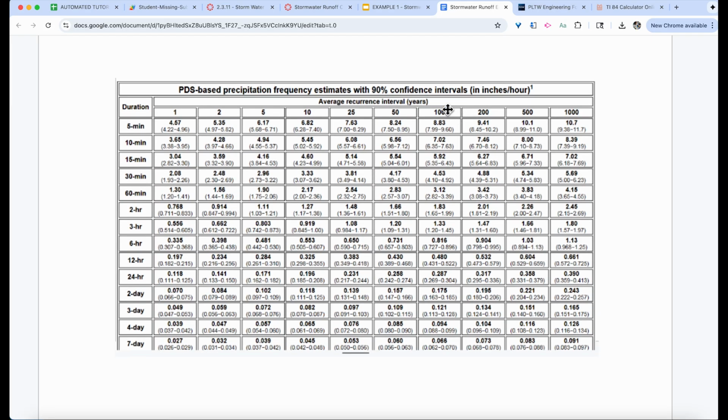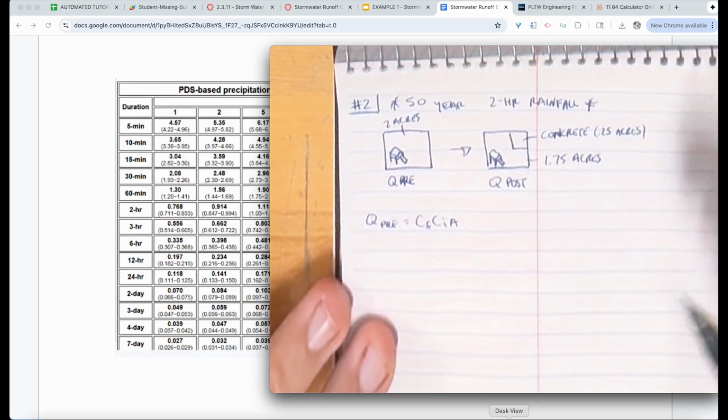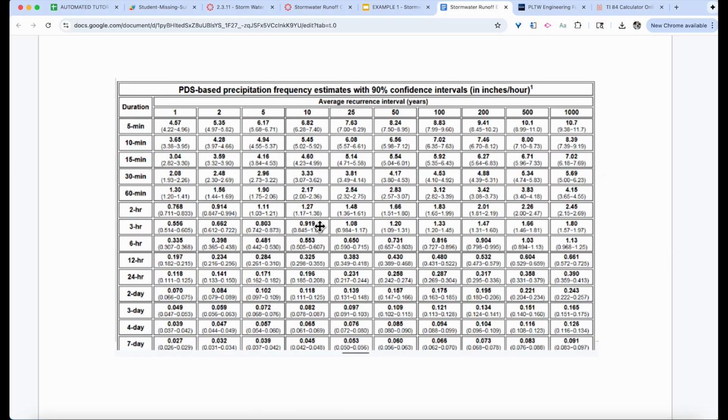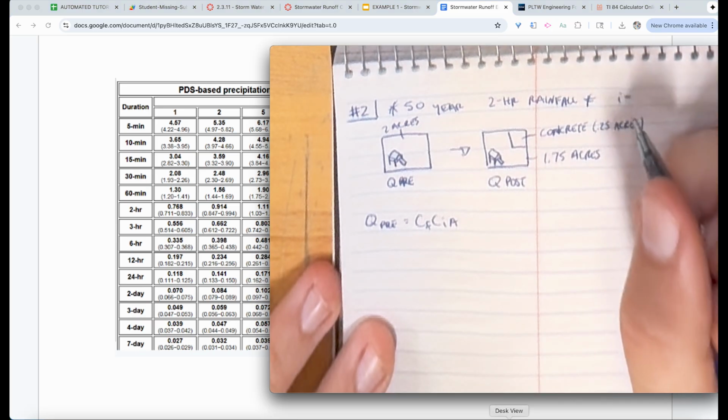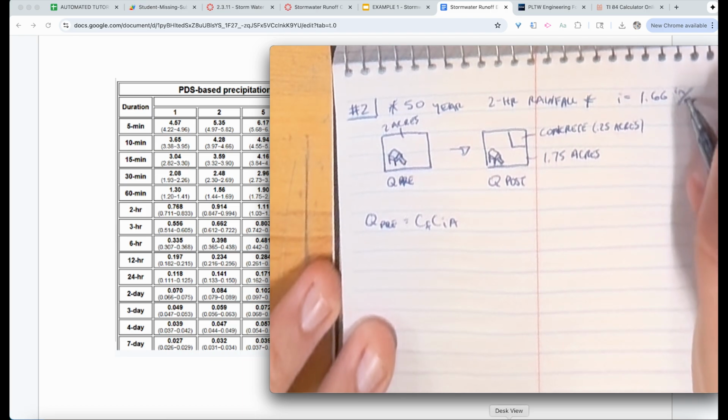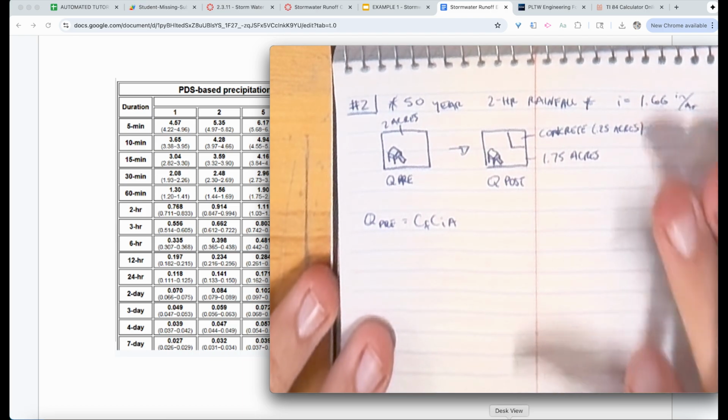As we said, 50-year, 2-hour rainfall. So 50-year, and then we've got 2 hours. I is going to be 1.66. Let me go back and make sure we got the correct one. So I equals 1.66, and remember that the unit is inches per hour. And this is going to be across the board.